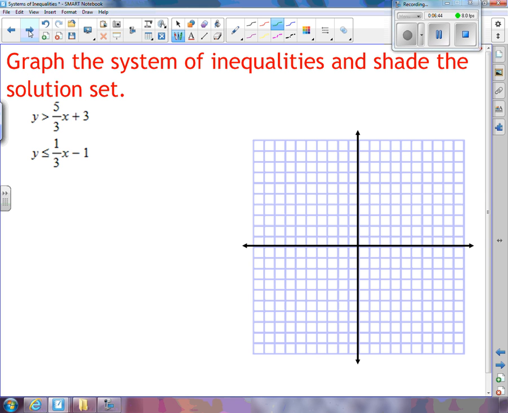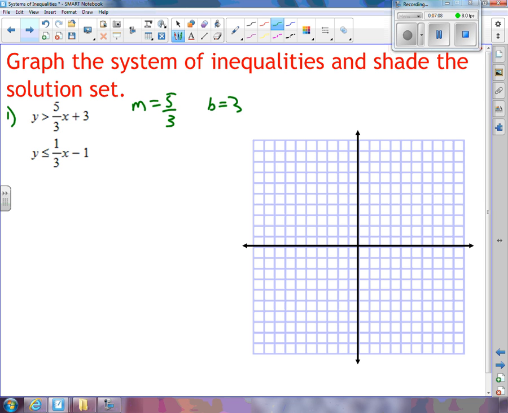So in this example, we're lucky in the fact that the 2 inequalities are already solved for y. The y is already alone, so I can clearly see what my m and my b are. So here, my m for the first inequality is 5/3, and my b is 3.